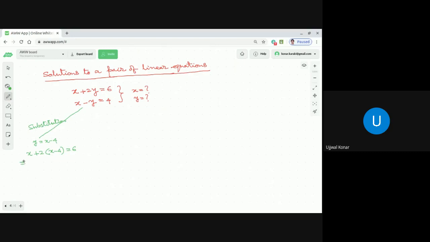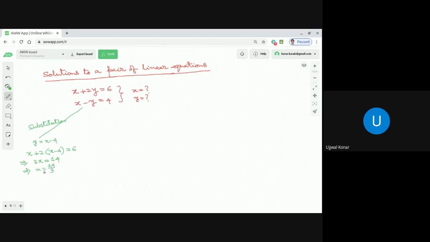And from here we can find the value of x. So how can you find the value of x? It is 3x minus 8 is equal to 6, so 3x is equal to 14, and hence x is equal to 14 by 3.